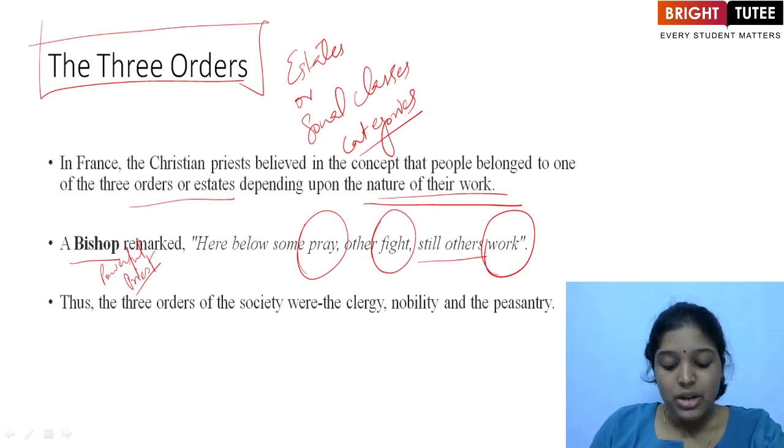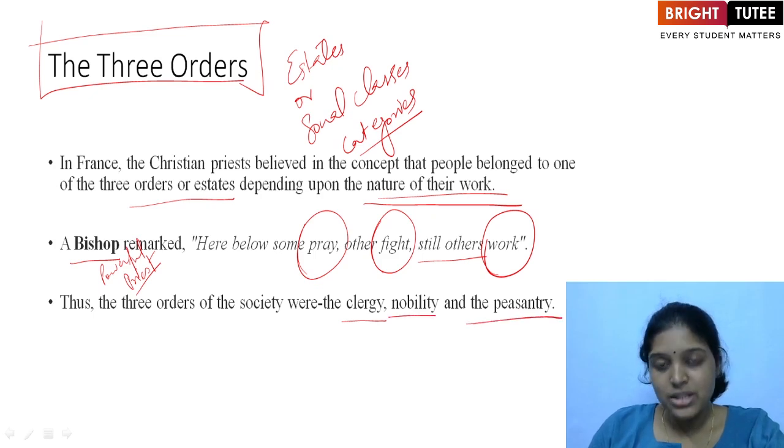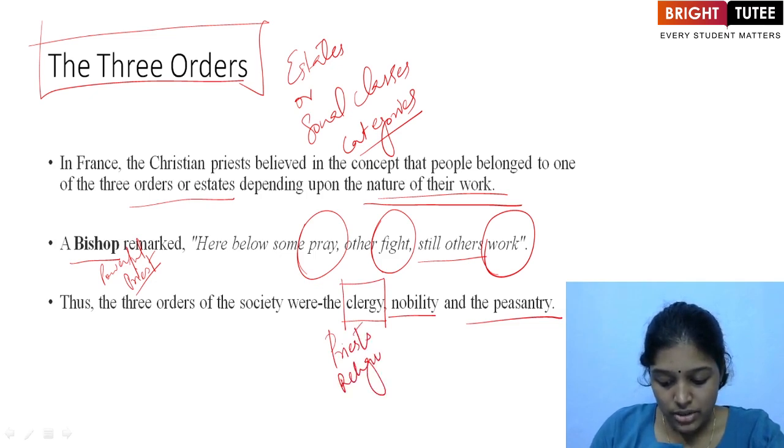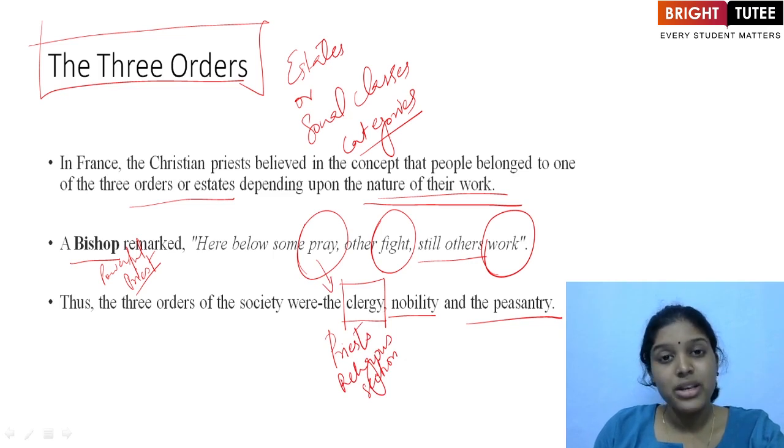Thus the three orders of the society were clergy, nobility and peasantry. Under this feudal structure, the three orders consisted of the clergy. Clergy are the priests or the religious section. They are the ones who pray. Their task is to meet the needs of people when it comes to religion or religious affairs.